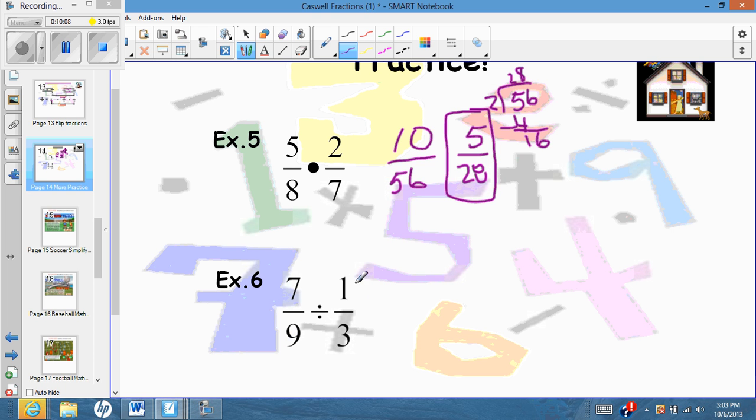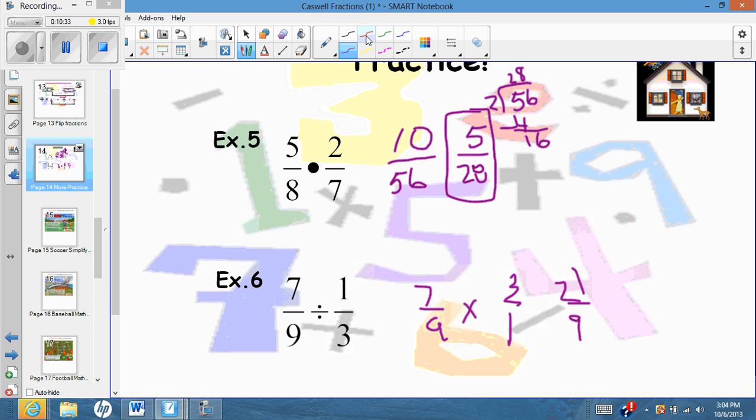Okay, my next one, I take the second fraction and I flip it. I have 7 over 9 and 3 over 1, but I multiply now. 7 times 3 is 21 over 9. Okay, then you need to go ahead and divide.